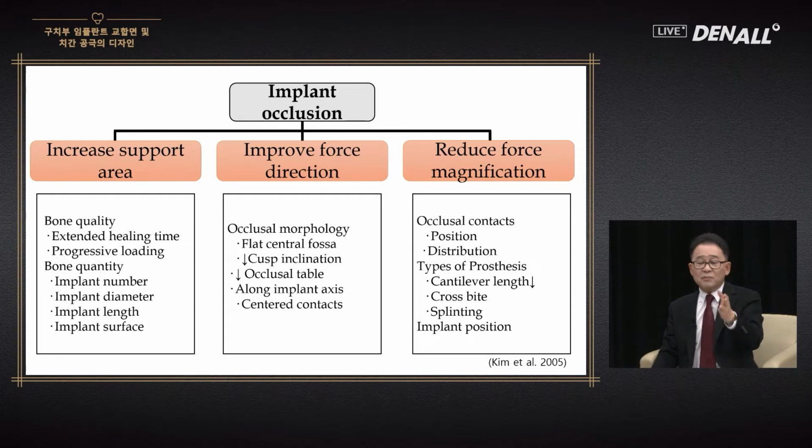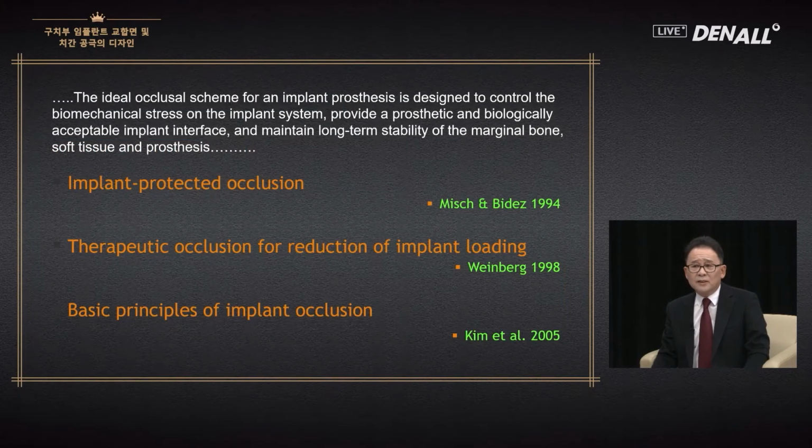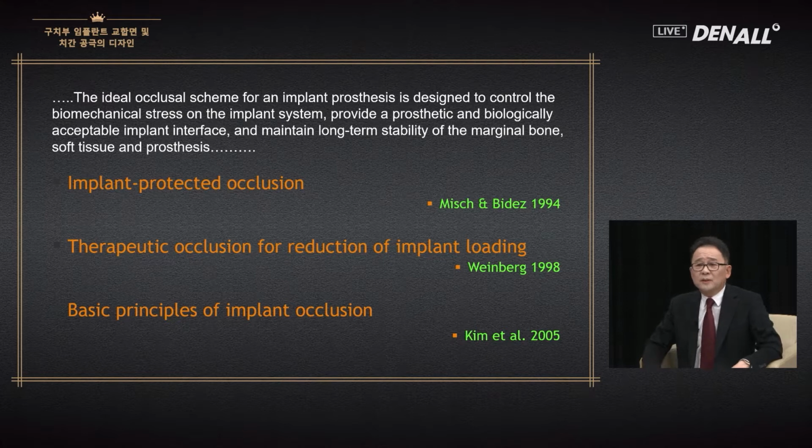Implant occlusion has been studied by many scholars for a long time, and all these factors need to be considered. The occlusion of an implant is biomechanically related. Misch also talked about implant-protected occlusion. The therapeutic occlusion concept was explained by Weinberg, along with the basic principles of implant occlusion. All of these have been written in papers.